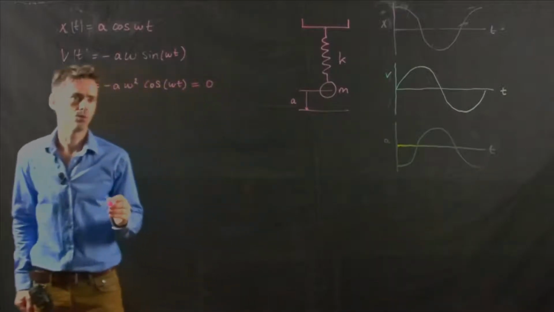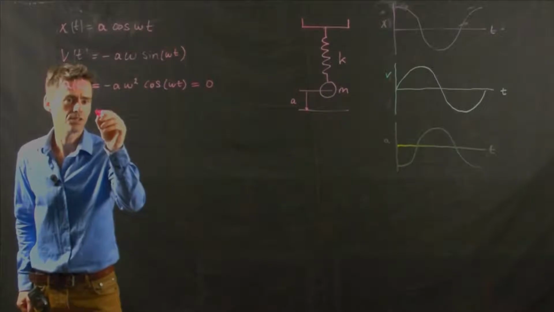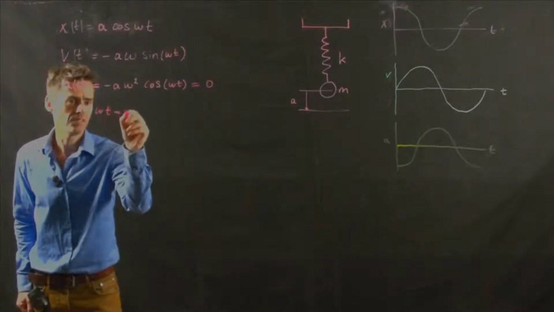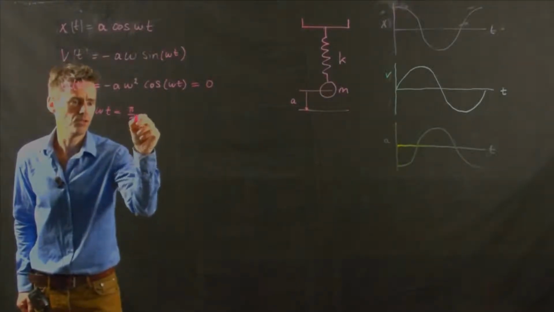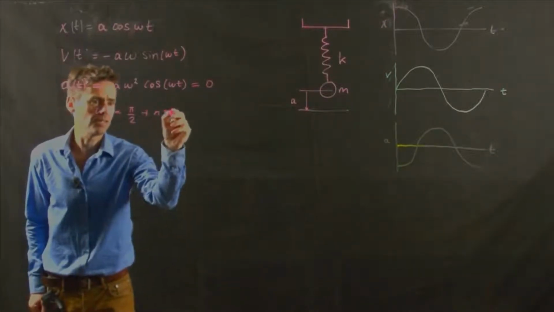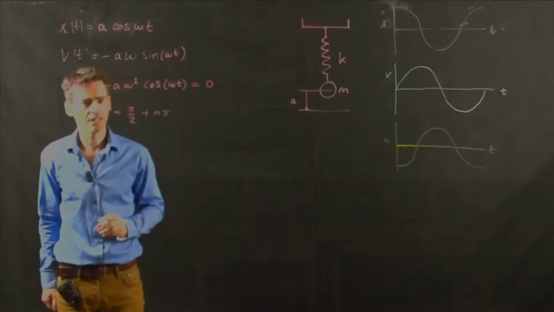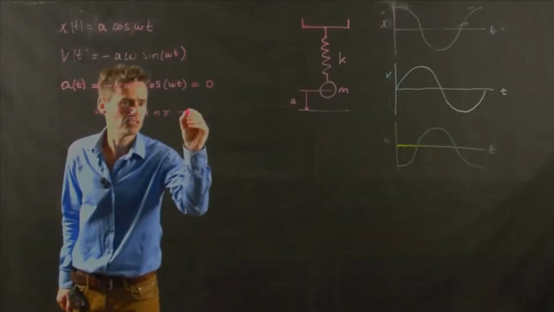This happens, of course, when cosine omega t is 0, and this occurs for omega t is equal to pi over 2, 90 degrees, plus n times pi, because of course the solution is periodic. Let's just take the first one, because it's the most simple.